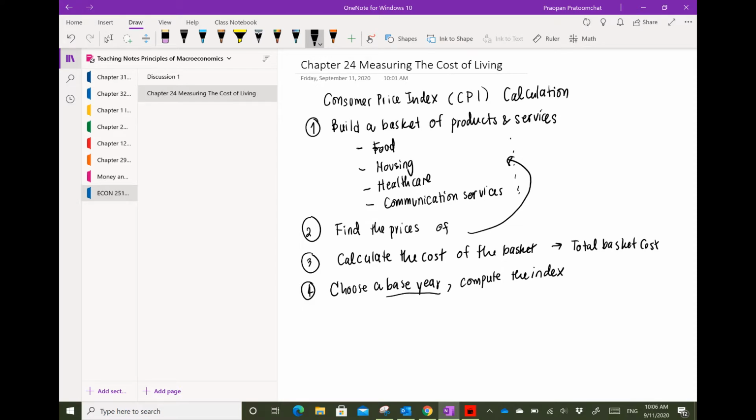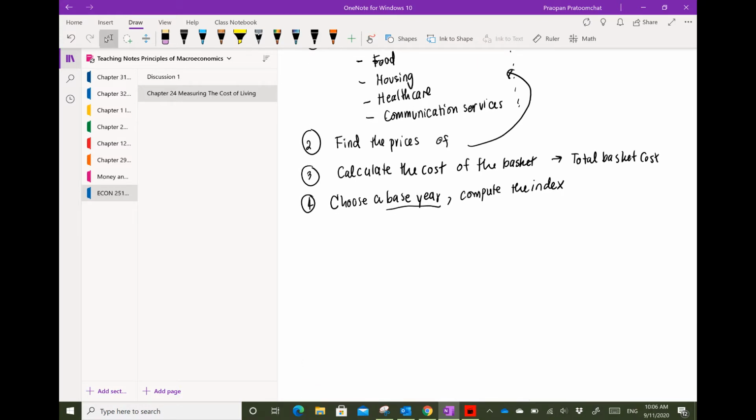What is the base year? Again, base year is the year that there is nothing special, there is no huge economic shock, and the economy doesn't have that much fluctuation. So you're going to choose the base year, and we're going to compute the index because CPI is an index. Index means you have to compare with base year, right?